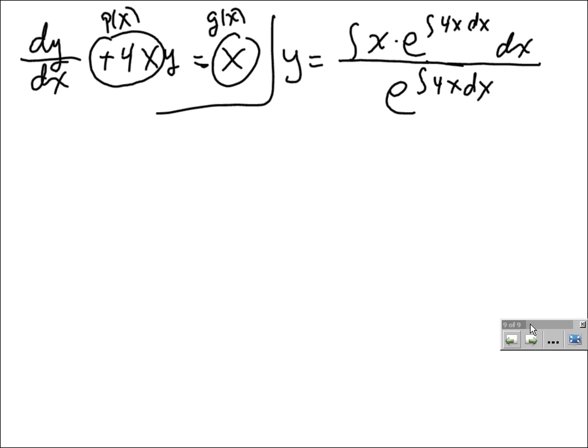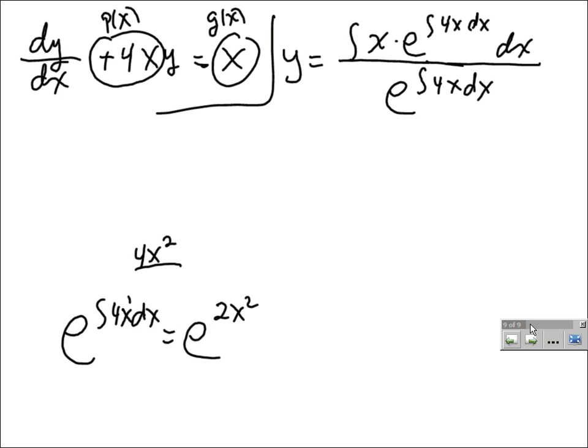So let us put our energy into simplifying this. The integral of 4x dx is 2x squared. I added 1. That power is understood to be 1. I added 1, got 2, and I divided by 2. And the 2 in the bottom goes into the 4 2 times. Plus a constant.